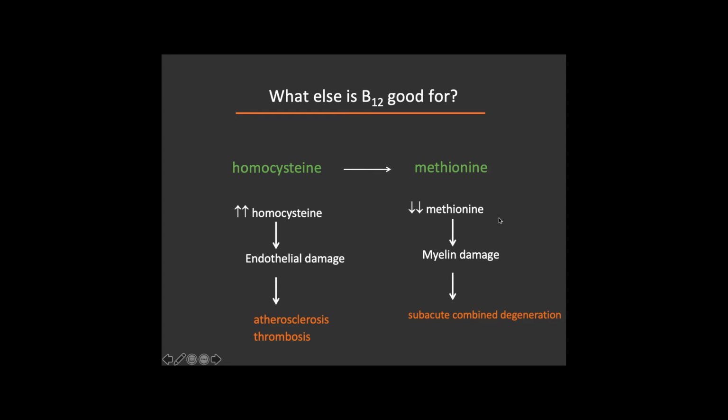Now, a decrease in methionine can cause damage to myelin. And of course, without methionine, you can't produce a number of proteins. And so you could also see degeneration as far as the nervous system is concerned.